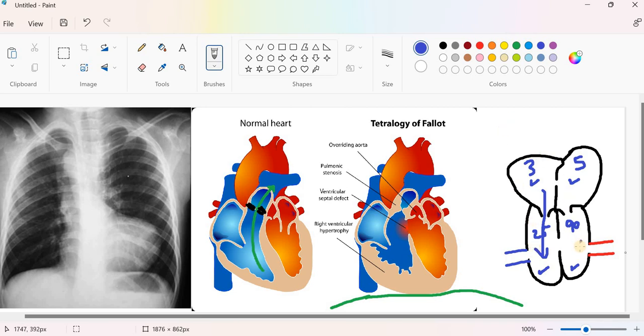Now, because the pressure in the left ventricle is higher than the right, if there is VSD, ventricular septal defect, some blood will pass during ventricular systole to the right ventricle. So again, we have volume overload. So now I have discussed with you whether it is pressure overload due to a stenotic pulmonary valve, or volume overload due to a septal defect, whether atrial septal defect or ventricular septal defect.